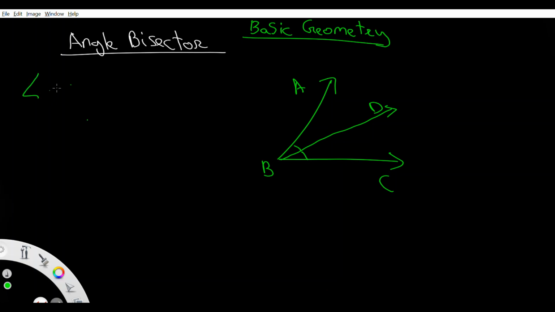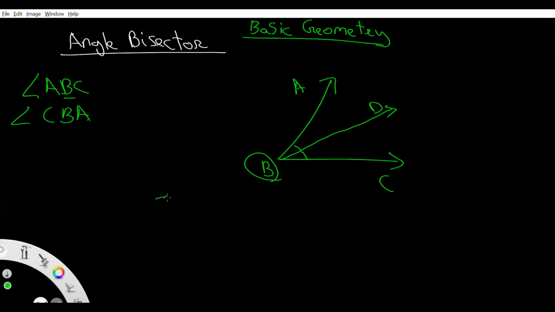So if angle ABC, by the way, this is how you write angle. You have this angle symbol, and the vertex is always in the middle. So it can be angle ABC or it can be angle CBA. It cannot be anything else except these two. So now let us look at something else.